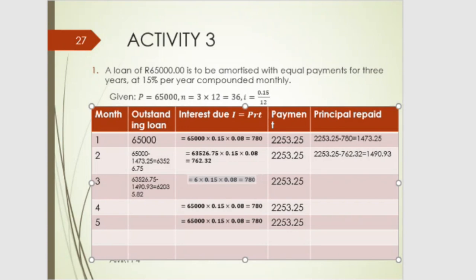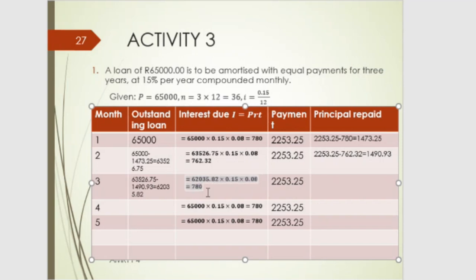That value is the one that you're going to use as the present value for the third month, which is going to be 62,035.82.